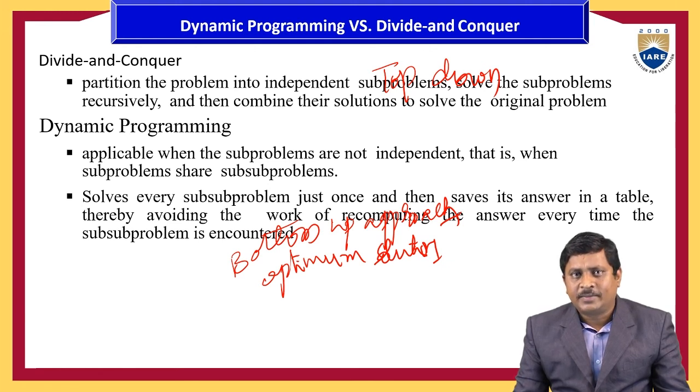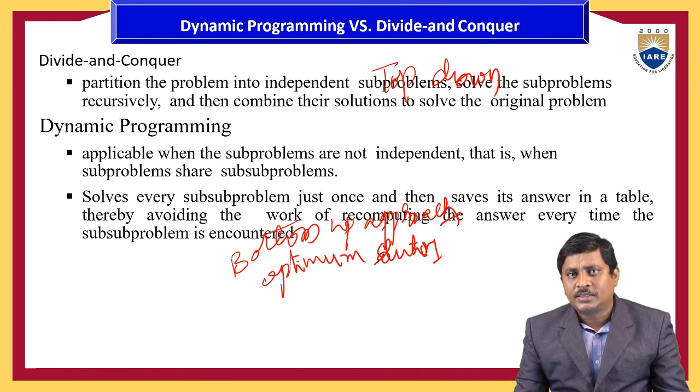Next, we come to dynamic programming. Dynamic programming mainly solves subproblems which are not independent. We solve the subproblems only once and save the answer in a table to avoid recomputing the answer every time. We solve the problems in a bottom-up fashion.